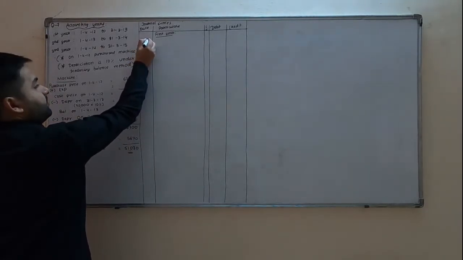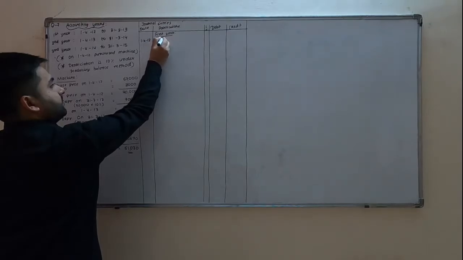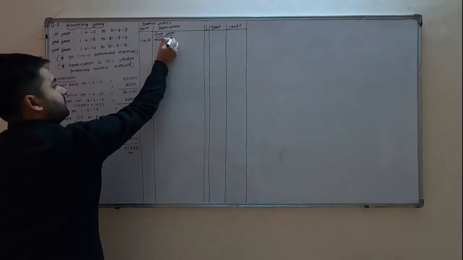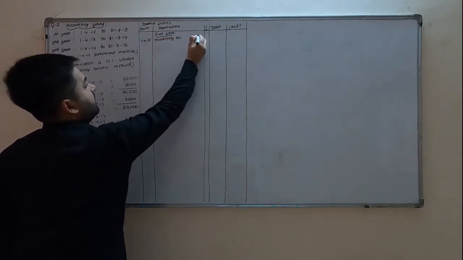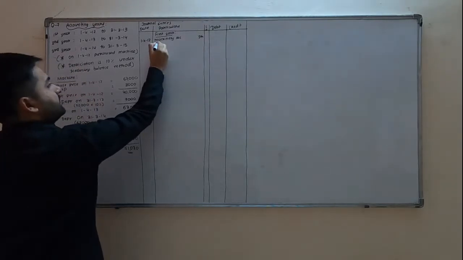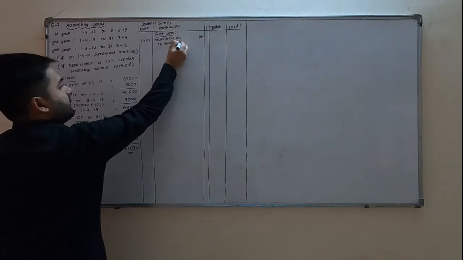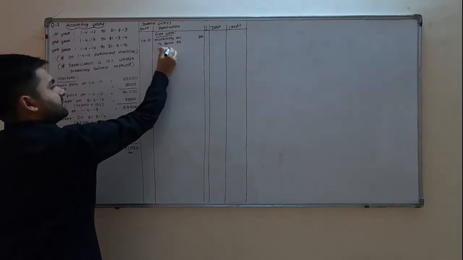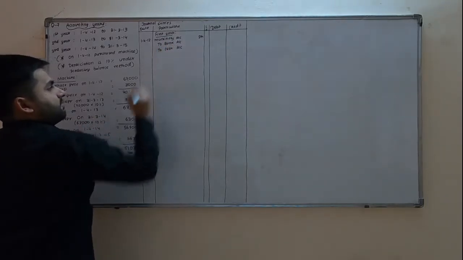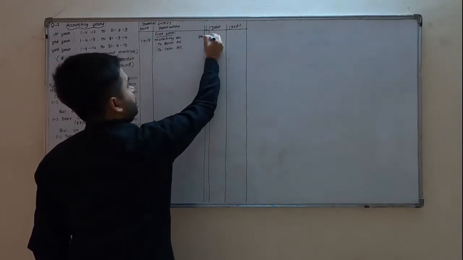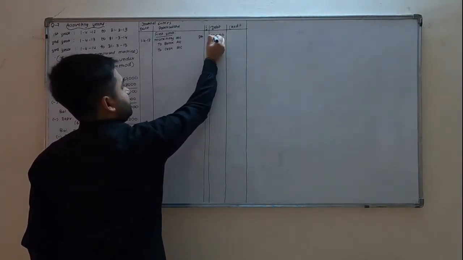So 1/4/12, machinery account debit to bank account, to cash account. Machinery account will be of total amount 70,000.